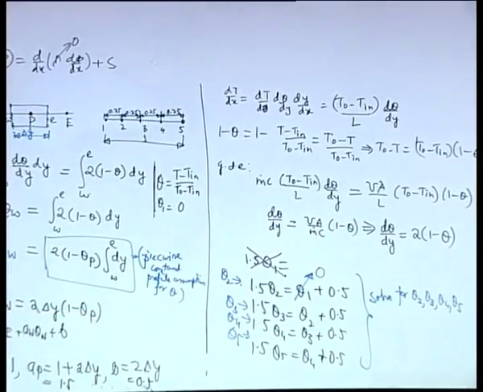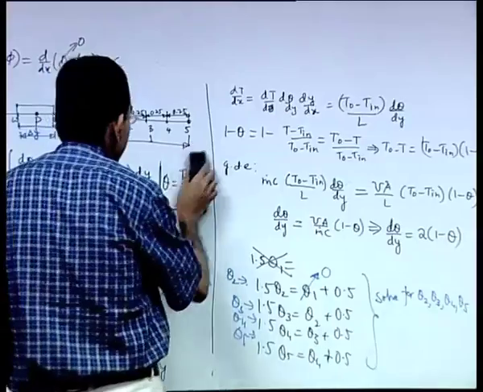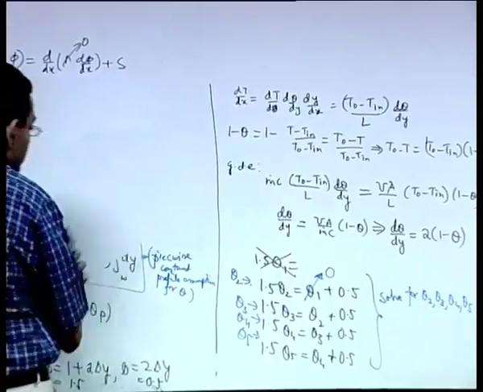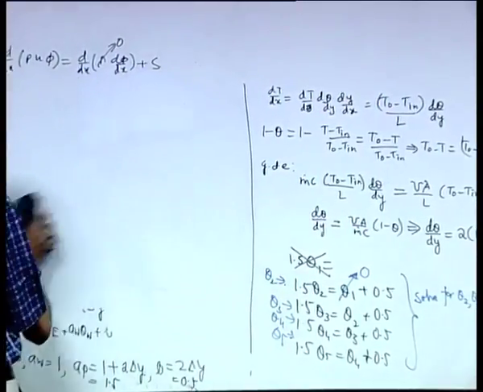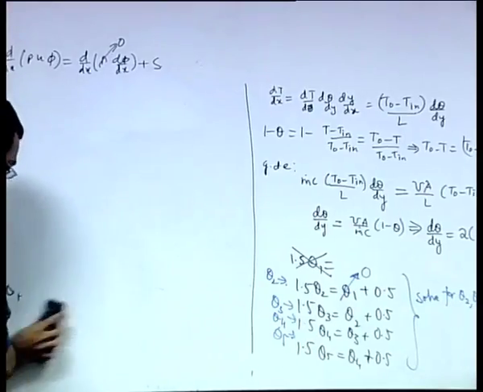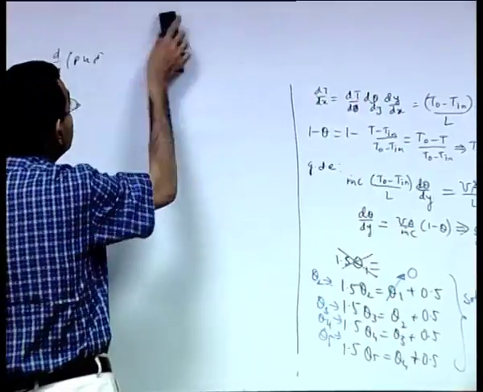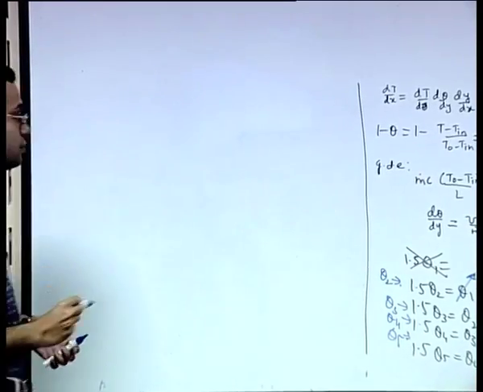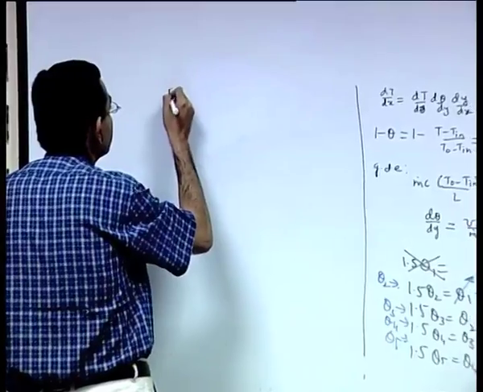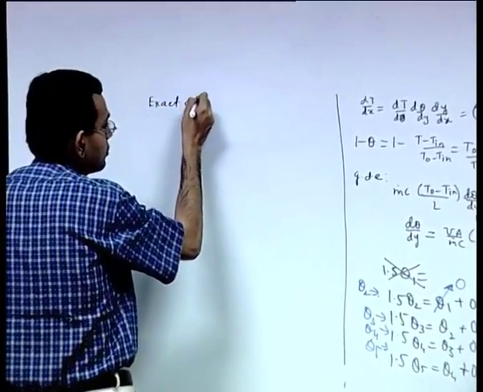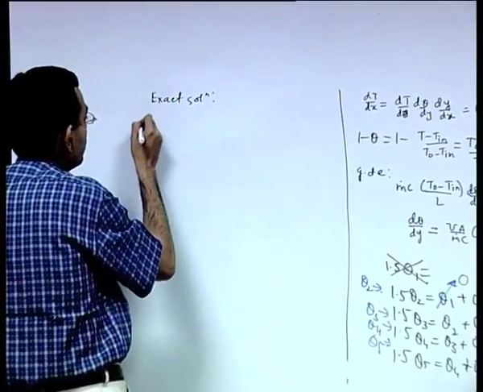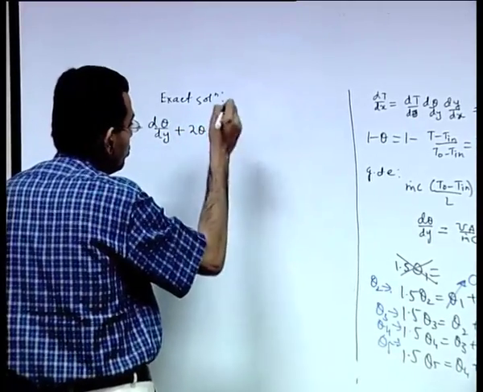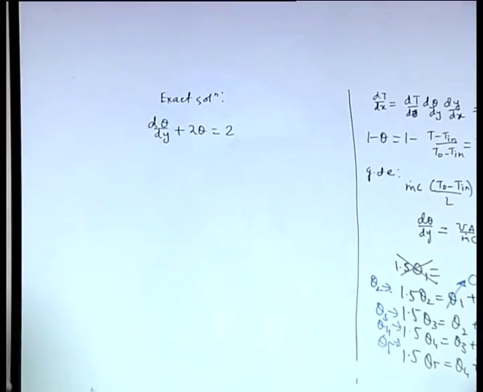Now, let us quickly work out the exact solution and see whether the numerical solution replicates that in some way or not. So, d theta dy plus 2 theta is equal to 2.